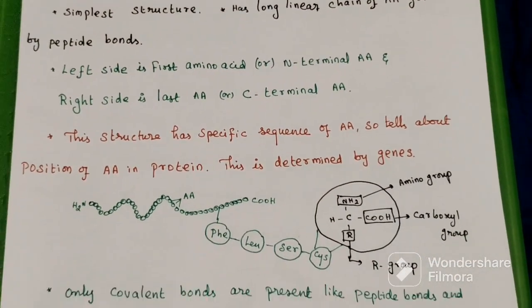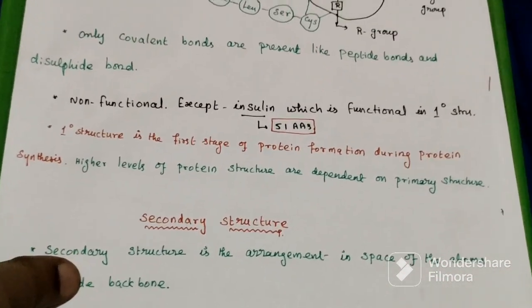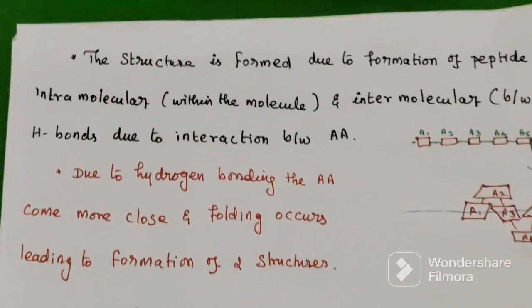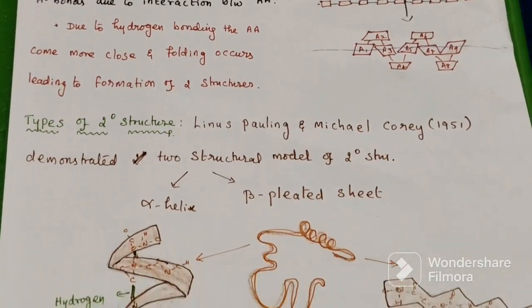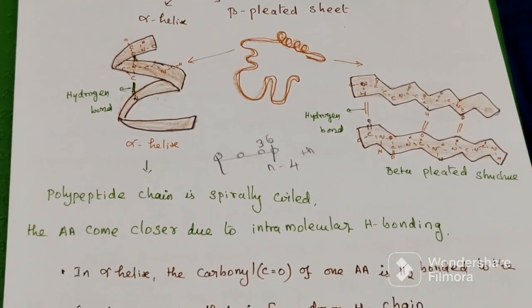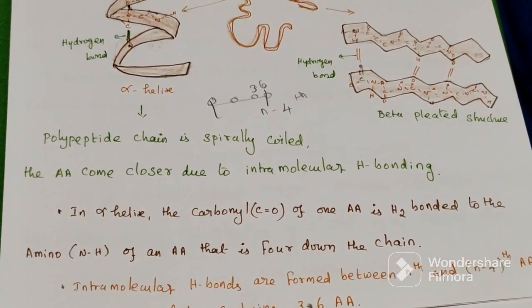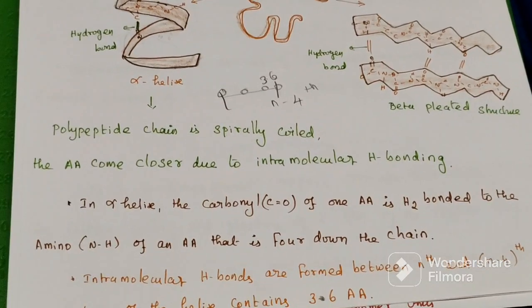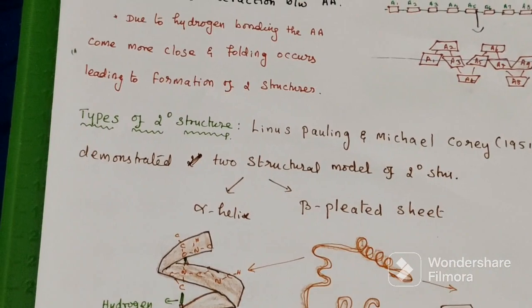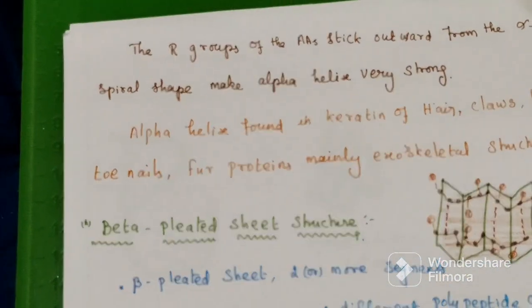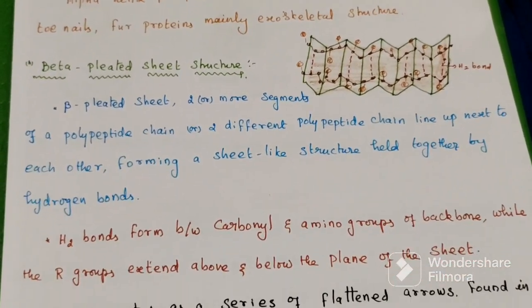Look at the primary structure of protein. Secondary structure of protein: folding occurs with 3.6 amino acids per coil. Then the beta pleated sheet structure.